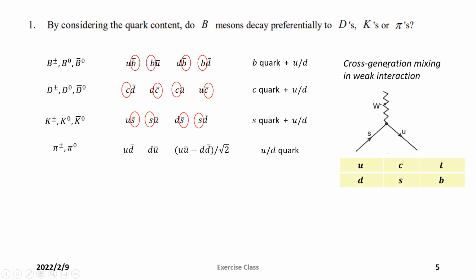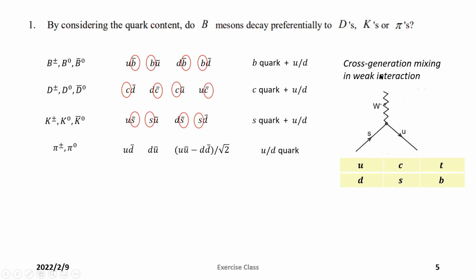So what is cross-generation mixing? We can consider this charged-weak vertex. Initially there's a strange quark coming in. If there's no cross-generation mixing, then the quark coming out should be a C quark.